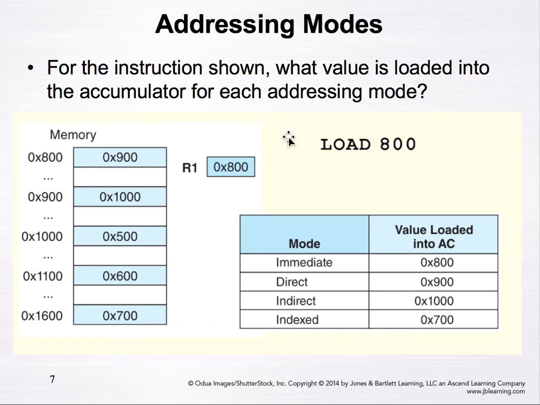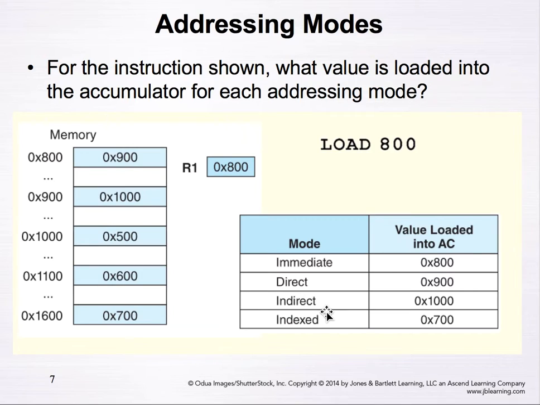The address 800 right here in the memory has the content of 900, so this value will be loaded into the AC. Using the direct addressing, the content at this address is loaded into the AC, so that's 900.